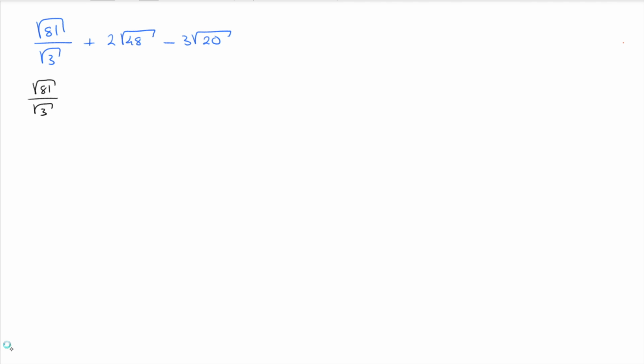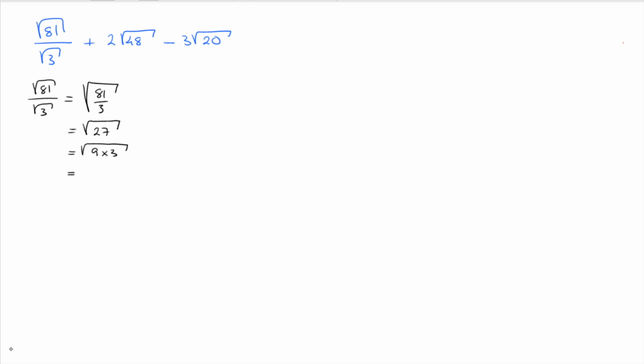Now, the key thing to realize here is that this is equal to the square root of 81 over 3, which equals the square root of 81 divided by 3, which is 27. And 27 is equal to 9 times 3. So this equals the square root of 9 times 3.